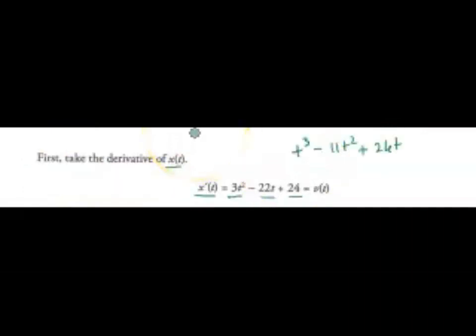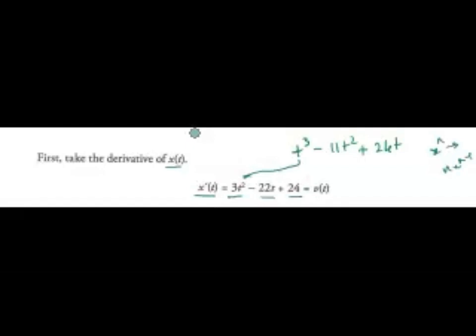Let's analyze this. The original expression was t cube minus 11 t square plus 24 t. t cube becomes 3t square, as x raised to n becomes n times x raised to n minus 1.